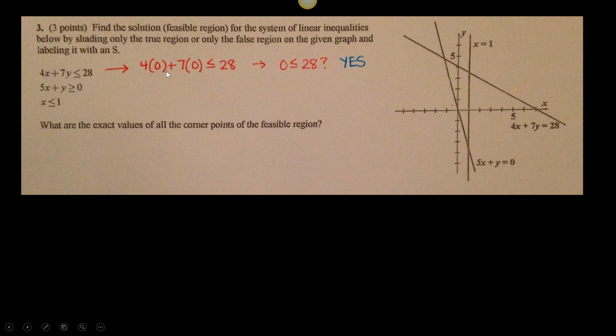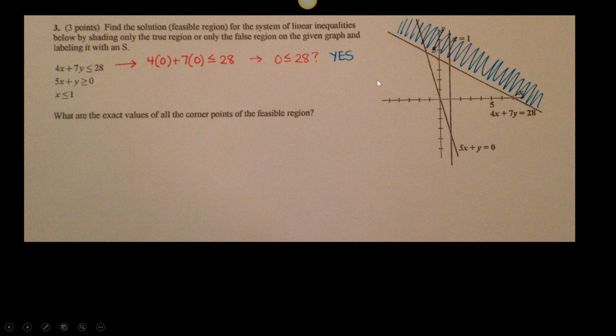I get 4 times 0 plus 7 times 0 is less than or equal to 28. So we're saying, is 0 less than or equal to 28? And the answer is yes, it is. So this side, which contains 0, 0, makes my solution true. So I'm going to shade the other side, the false side, which happens to be above my line. And that is how it should look when you shade, okay?